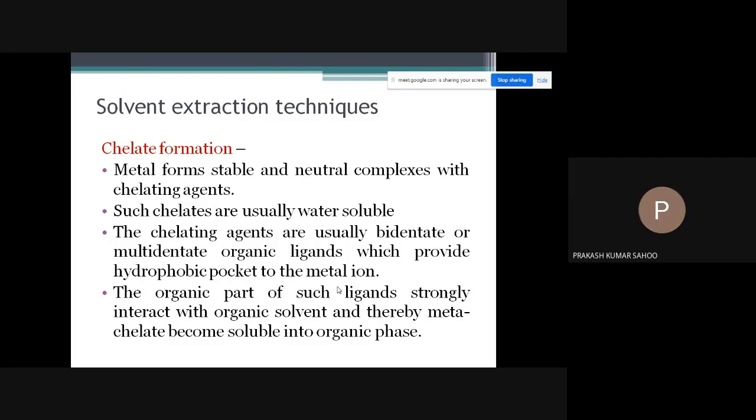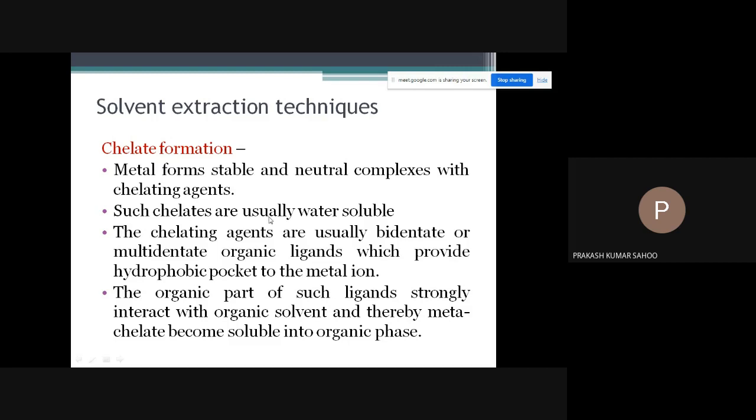No, these ligands are water soluble, but as we separate the metal ion in the organic phase, that's why we use these organic bidentate or multidentate ligands, because as these are organic ligands, these are soluble in the organic phase.